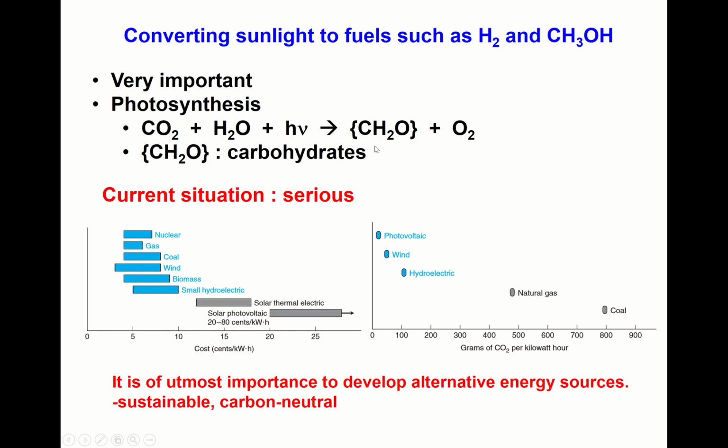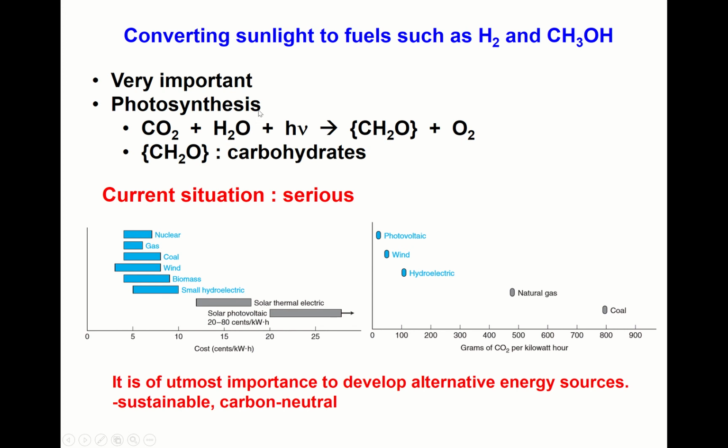Okay, so now let's consider converting sunlight to fuels and not to electricity. This area is very active and very important to solve humanity's future energy problem. One of the alternative ideas is to utilize the sunlight. All right, but we have known photosynthesis for a long time.